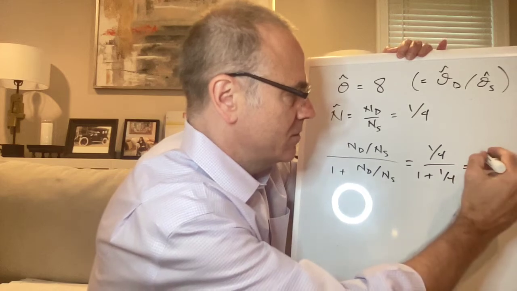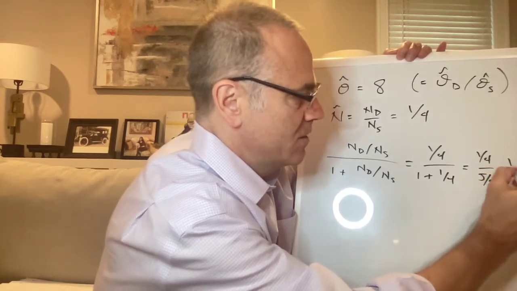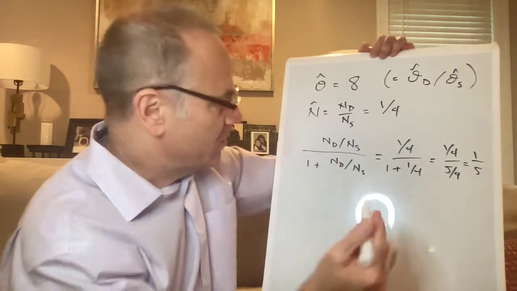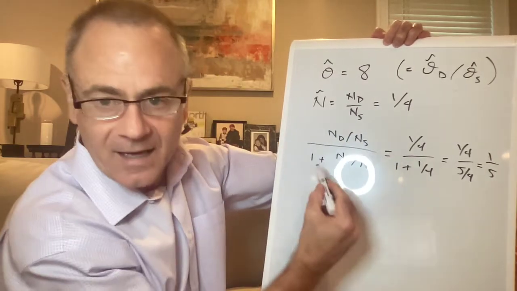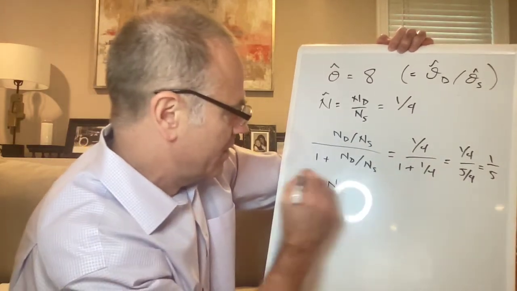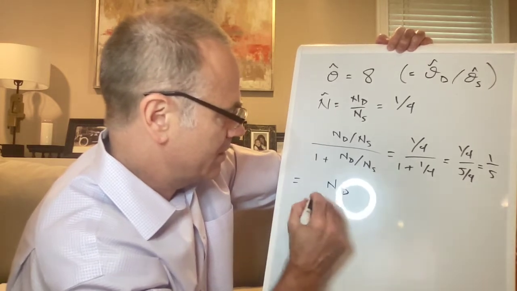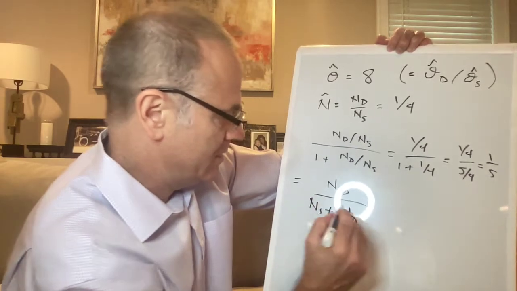That equals 1/4 over 5/4, which equals 1/5. So now multiply numerator and denominator by ns, and you get that equals nd divided by ns plus nd.